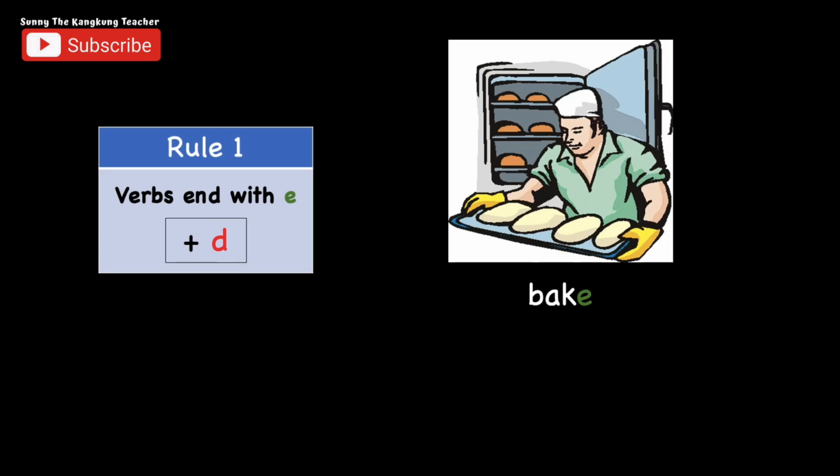What we need to do is to add a D. So the simple past tense form for bake is baked. B-A-K-E-D. Let's move on to rule number 2.